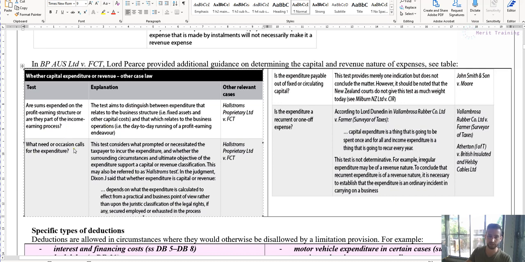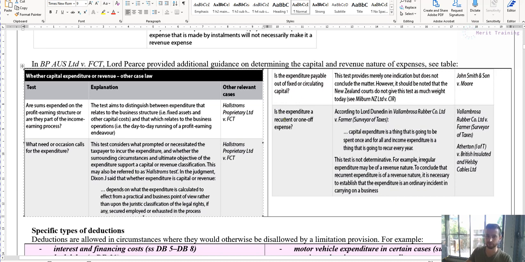What need or occasion calls for the expenditure? It depends on what the purpose and need for the expenditure is in determining whether it is capital or not. And next, is the expenditure payable out of fixed or circulating capital? This is just an indicator, it doesn't conclude it.